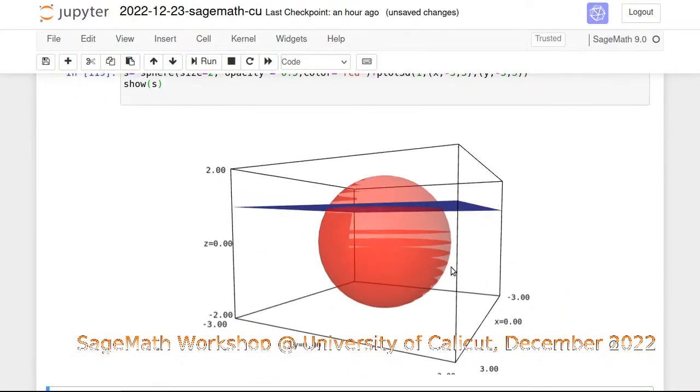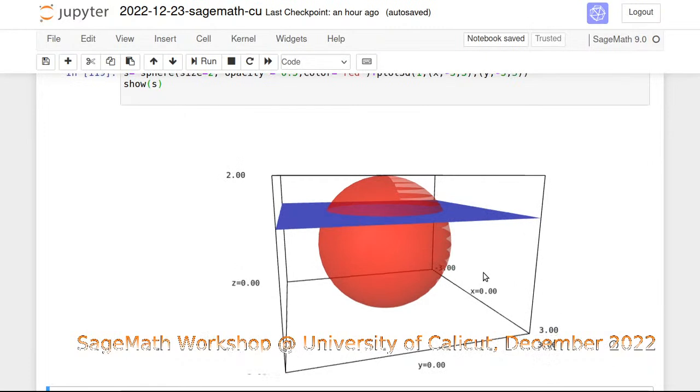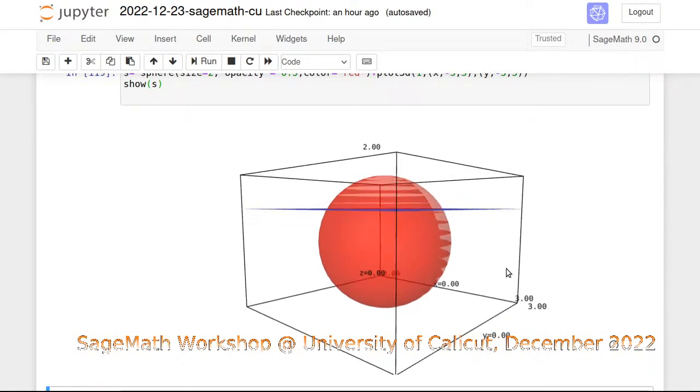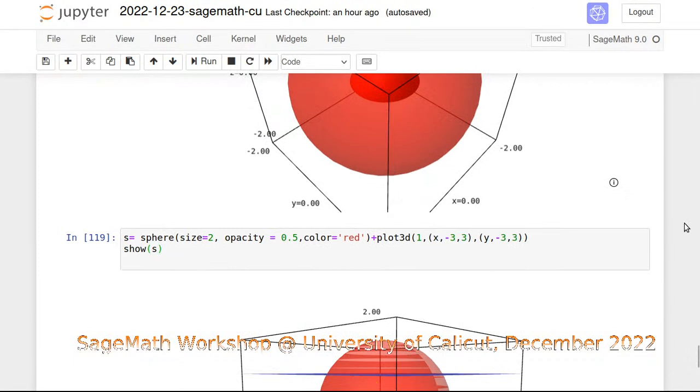You have a plane here. But remember that this plane is going to be parallel to the xy plane, because f of xy is equal to 1, which means that z equal to 1. Using plot 3D, you may not be able to construct a plane parallel to anything else.